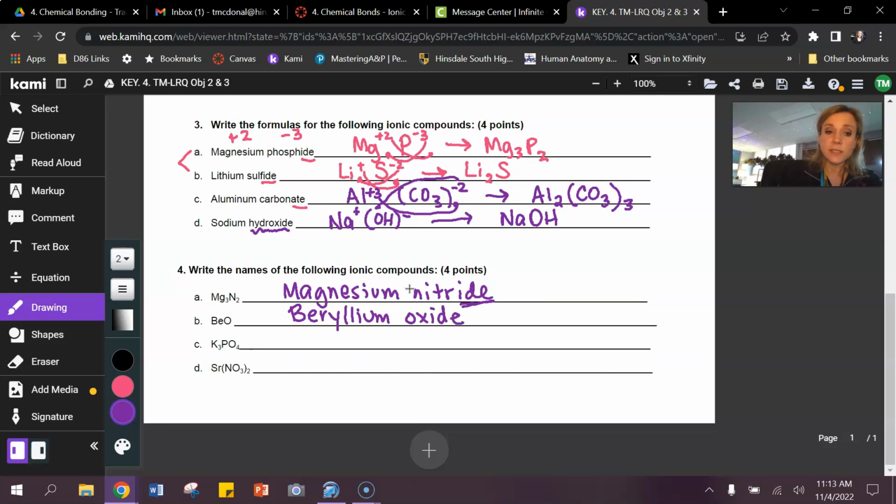And now C and D have polyatomic ions. Letter C is potassium phosphate. And letter D is strontium nitrate.